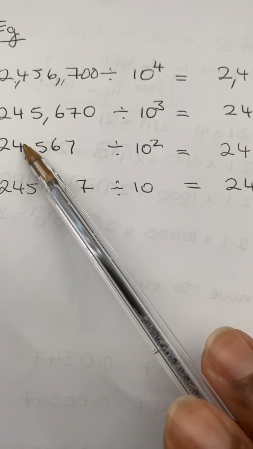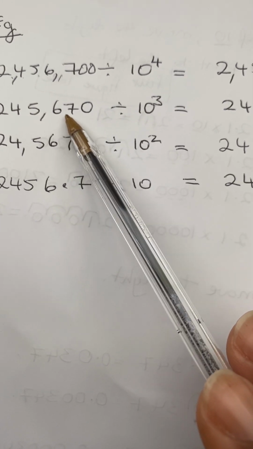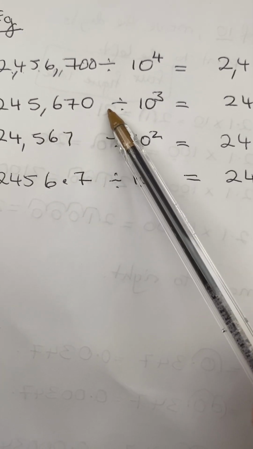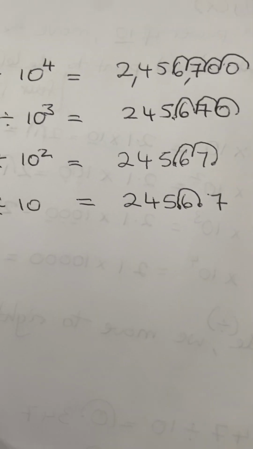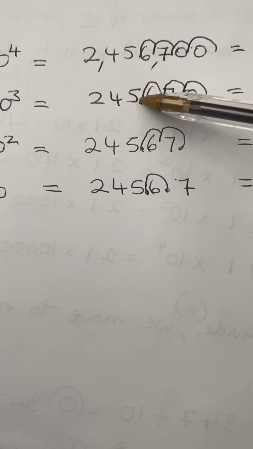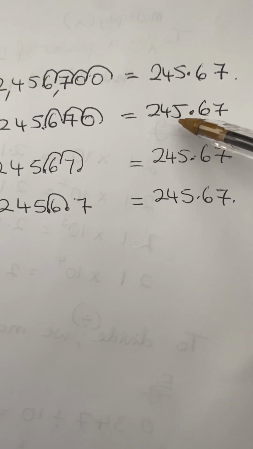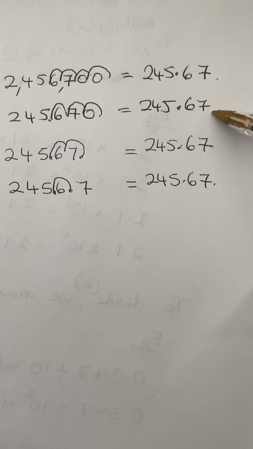So this number is like 245,670.0. Okay, so 3 places will be 1, 2, 3. So our new answer will be 245.67.